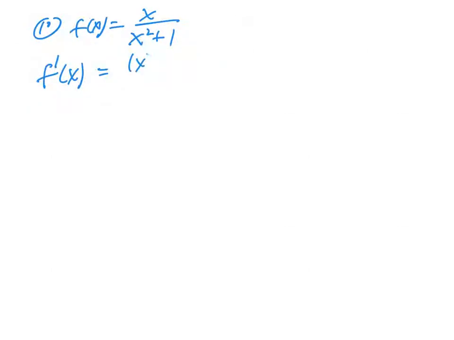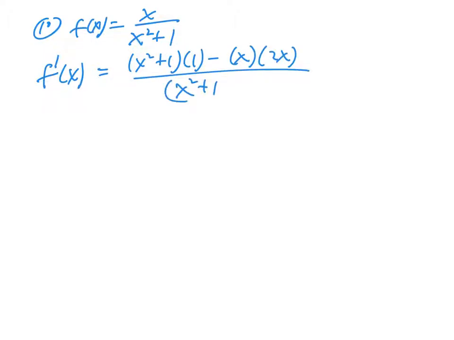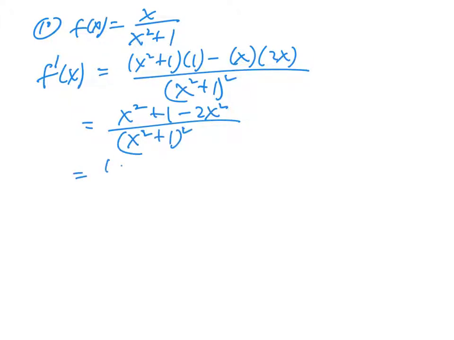So low d high, which is 1, minus high d low, which is 2x, all over denominator squared. So if we multiply out the top, you got x squared plus 1 minus 2x squared all over x squared plus 1 squared, which is 1 minus x squared over x squared plus 1 squared.